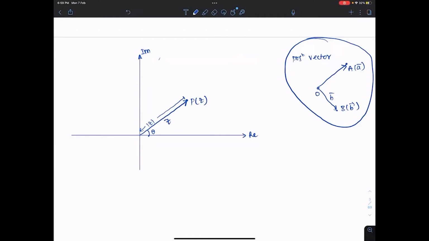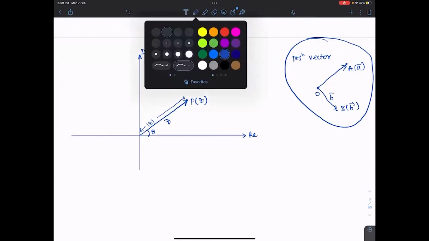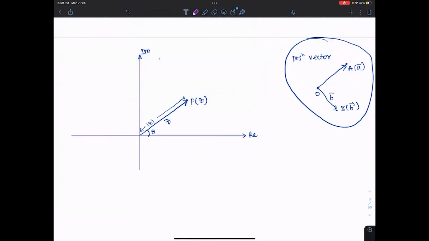Now, for example, in the space, if I have 2 points, let me take one point A, other point B, somewhere here. In bracket, if I write Z1, what is that Z1? From origin, if I point out that point, then that complex number will be Z1.